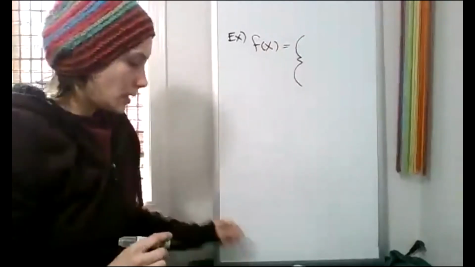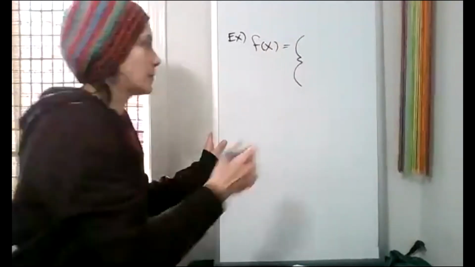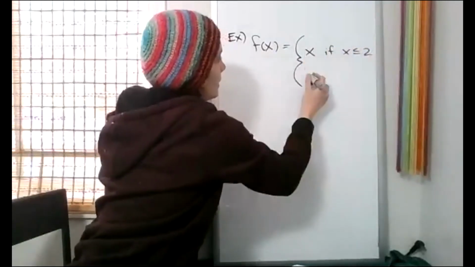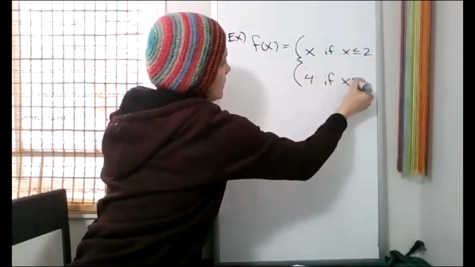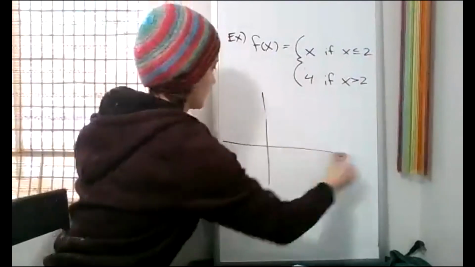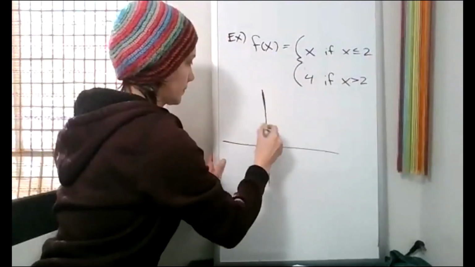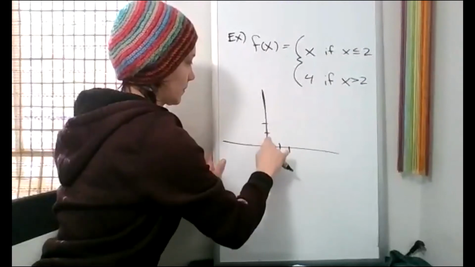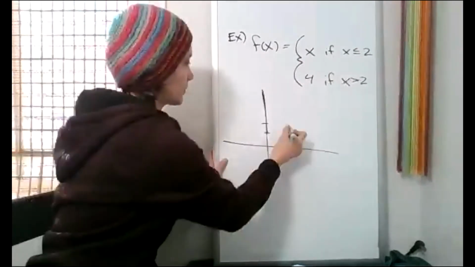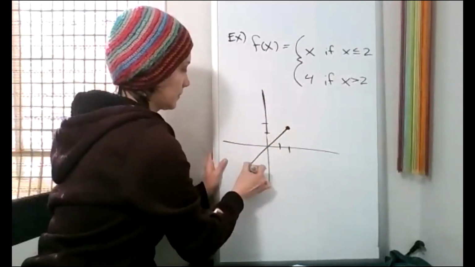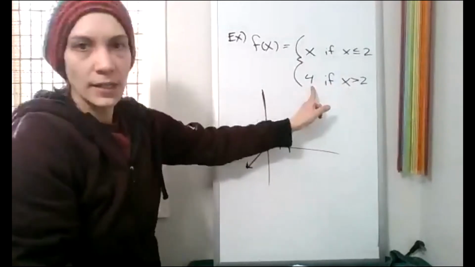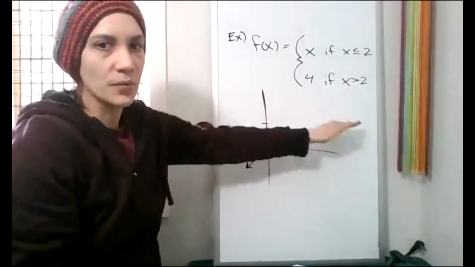It's x if x is less than or equal to 2, and it's 4 if x is greater than 2. So we will fill in the point 2, 2. At the point 2, 4, it's open, and then it just continues to have y equals 4.